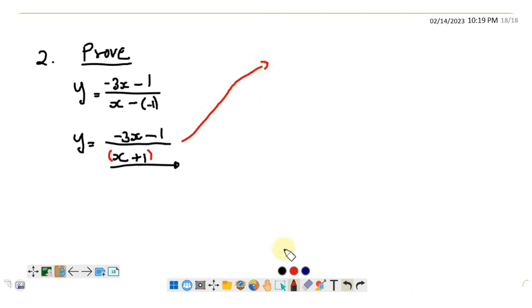So y is equals to, we start by writing our denominator, because that one will not change. Remember, x minus p does not change.